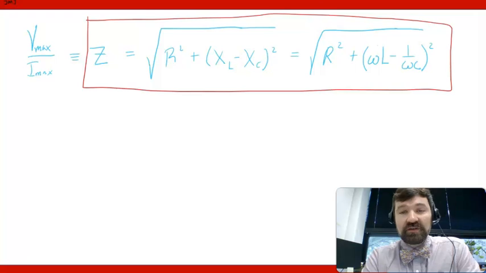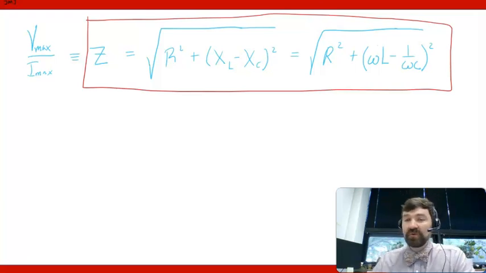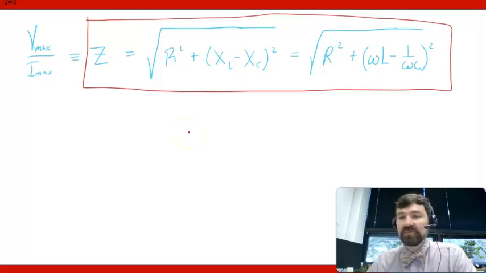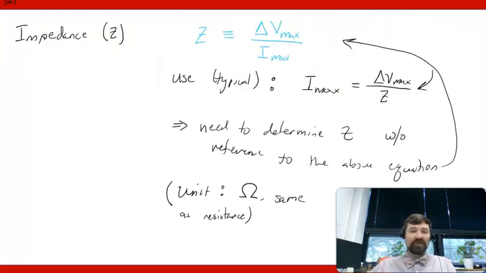Or in terms of the resistance, capacitance, inductance, and circuit frequency, the impedance is given by the square root of the square of the resistance plus the square of the difference between omega times the inductance and 1 over omega times the capacitance. So that gets you your impedance, and that does it without explicitly using this equation to plug in a Vmax and an Imax.